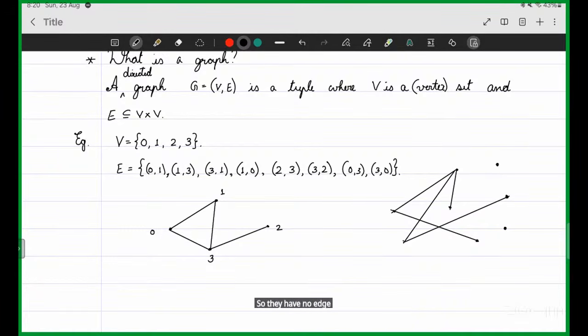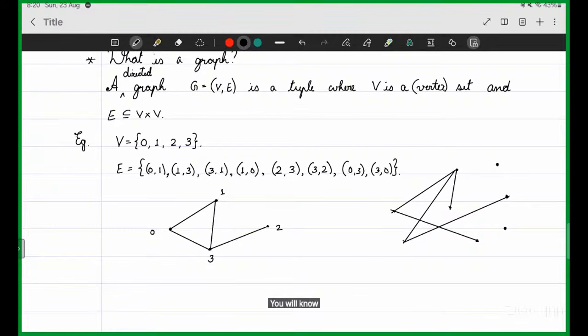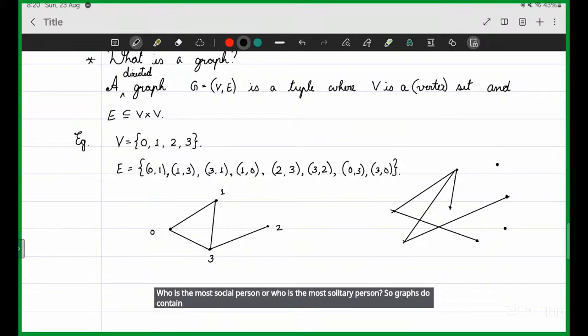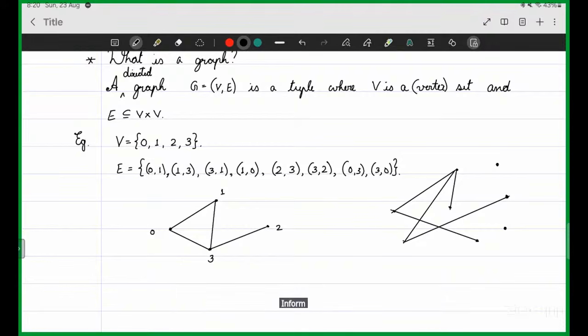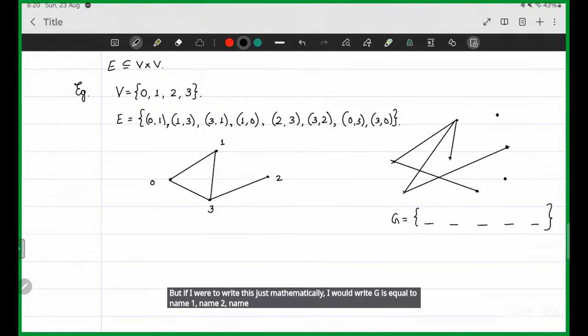So if I tell you that this is the representation of the ecosystem of the classroom, you will know who is the most social person or who is the most solitary person. So graphs do contain a lot of information. But if I were to write this just mathematically, I would write G is equal to name 1, name 2, name 3, name 4, whatever the number of names, and the edge set is this comma this comma this, and so on.